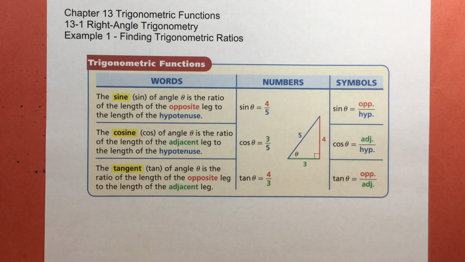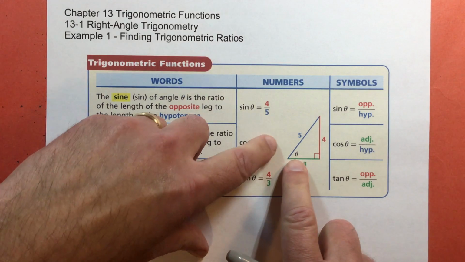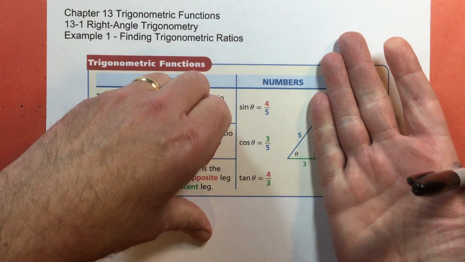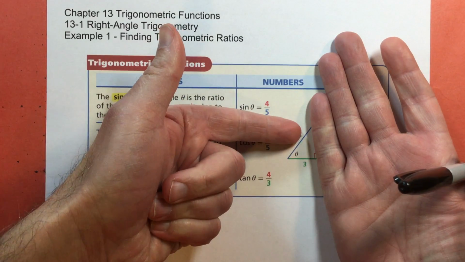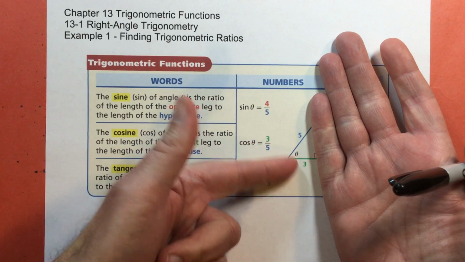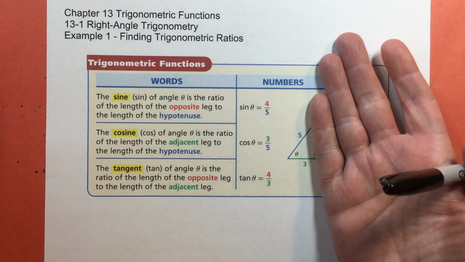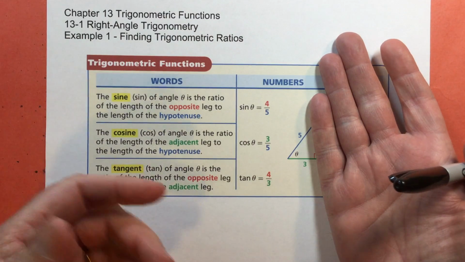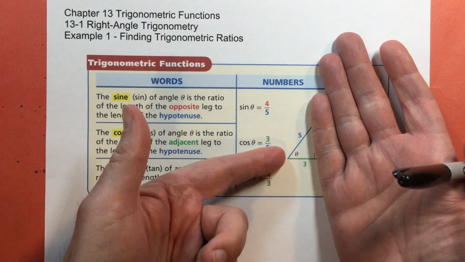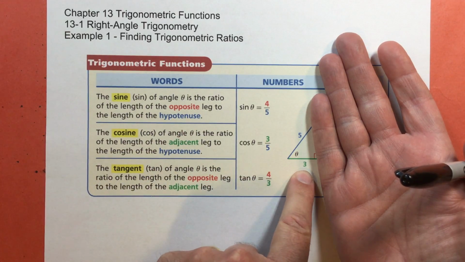So we're going to introduce the idea of how to name these legs. If I look at where this angle is, angle theta, I'm going to cover this up. Angle theta is made out of the hypotenuse and this leg. The leg that makes the angle right here, we call it the adjacent side. Adjacent is a fancy word for saying next to. So adjacent to angle theta is this side, which in this triangle measures 3.